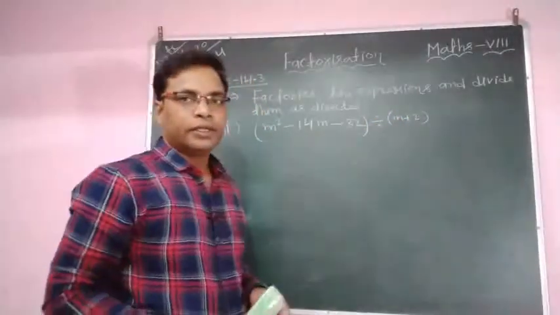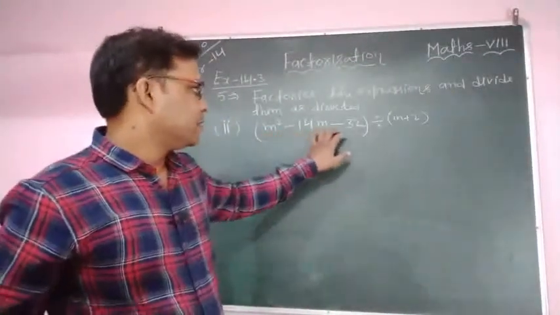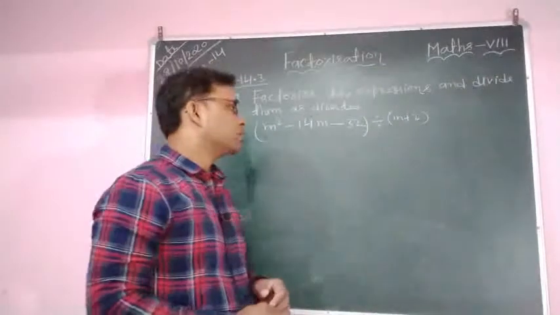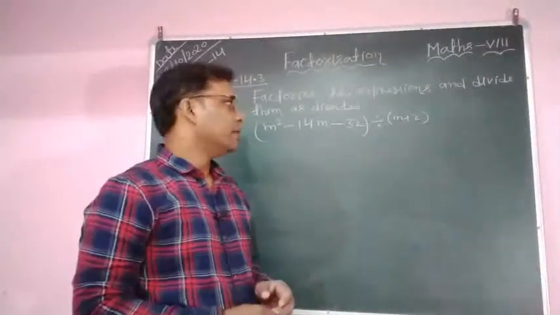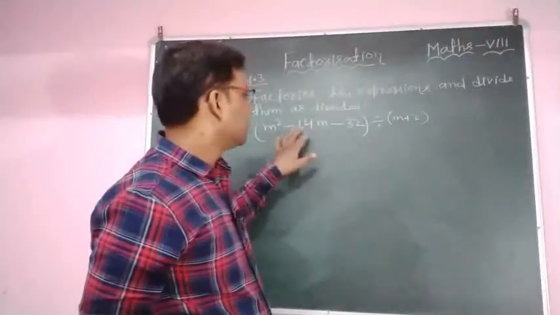Clear? So first we find the factors of the first part. Okay, m square minus 14m minus 32. Clear? So how can we find the factors of this?